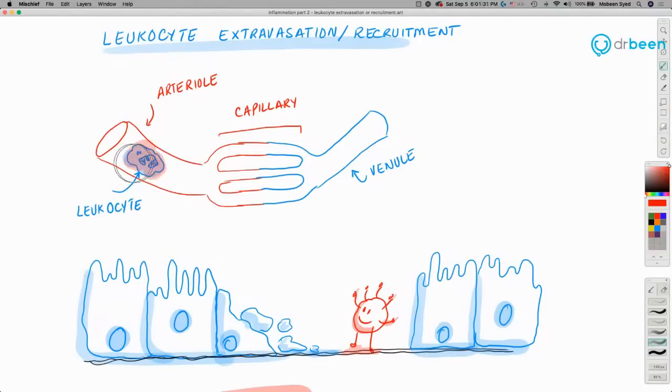So here is a white blood cell. This white blood cell is sitting on the arteriolar side. Arteriolar side means that this is the side of the arteries, or where the blood is coming in towards the tissue. Then there is this area which is called capillary. Capillaries are the ends of the arteries and the beginning of the veins.